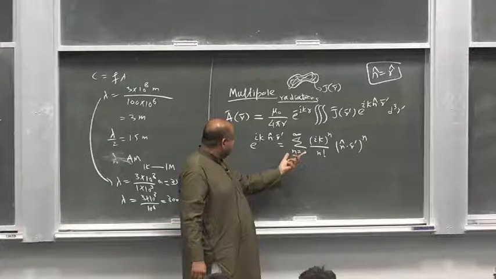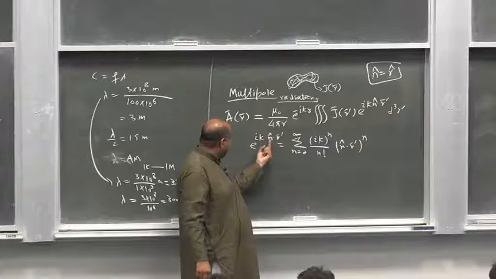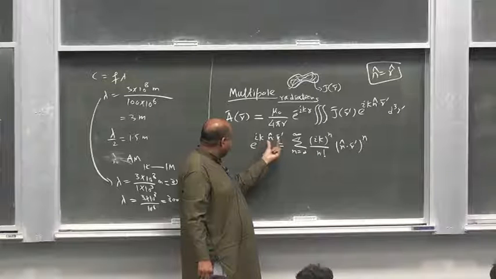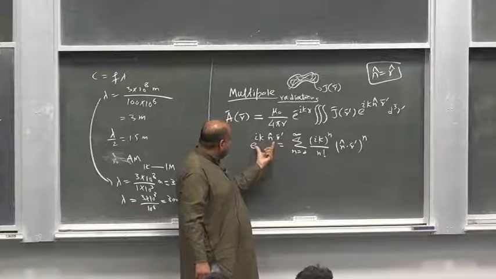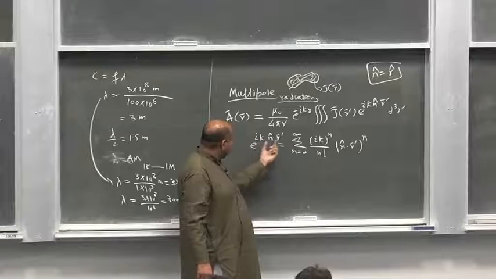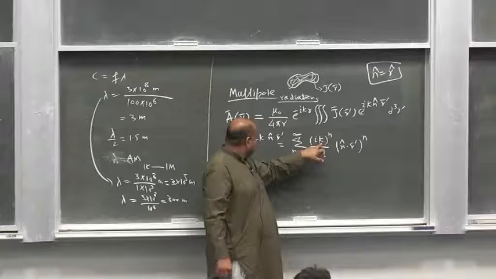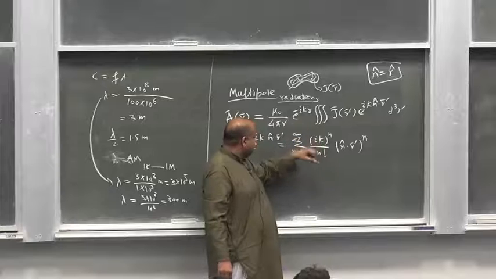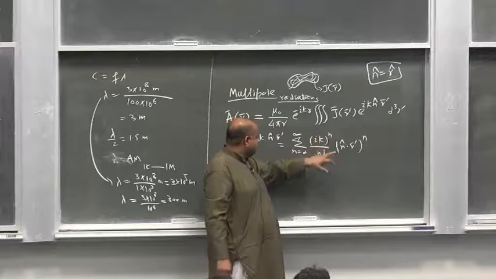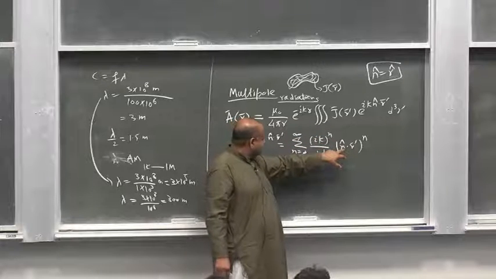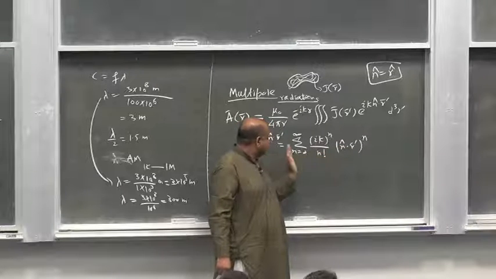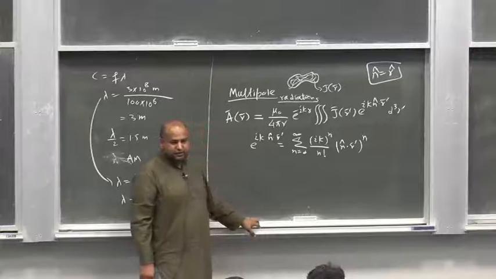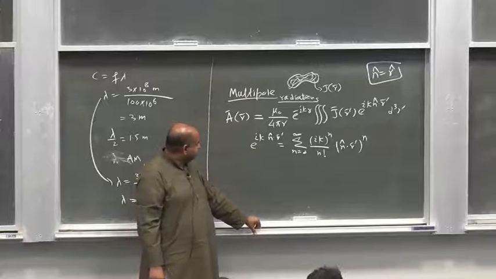For example, for a special case, when your n hat is x hat, this simply becomes x. So exponential iota kx. And we already know that the series for exponential iota kx is like for exponential x, x power n over n factorial. So this becomes the series for the exponential.